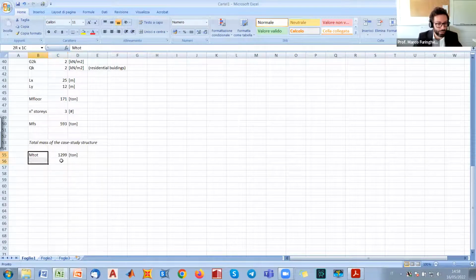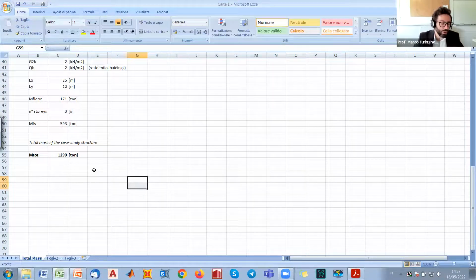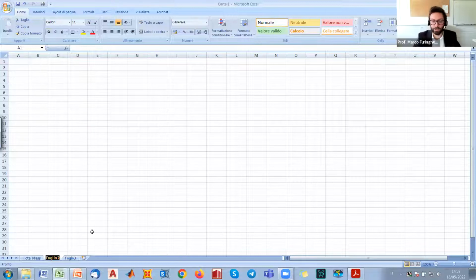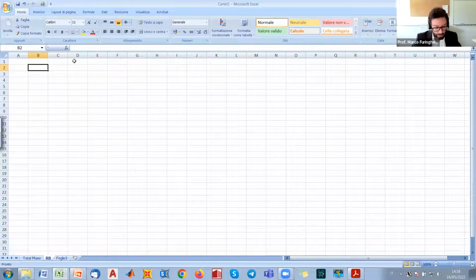Now we can start from this value for the definition of all the isolation systems. Let's start from rubber bearings, RB, with the design of the RB isolation system.